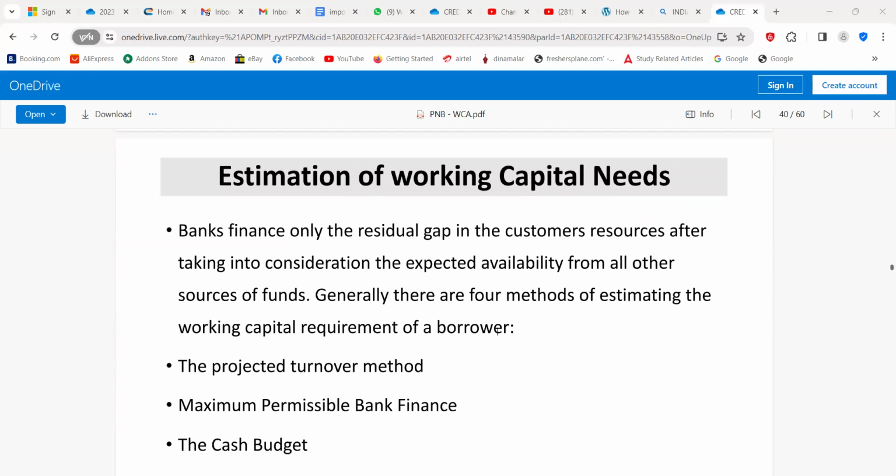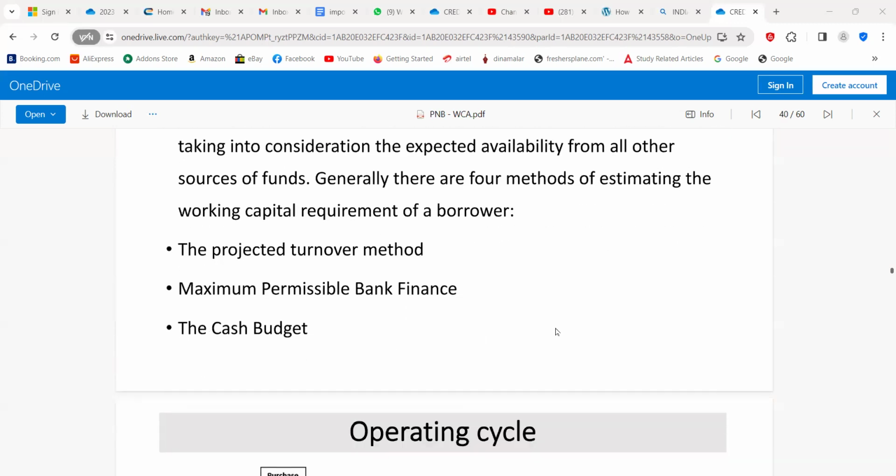Estimation of working capital needs. Bank finances only the residual gap in the customer resources after taking into consideration the expected availability from all other sources of funds. Generally, there are four methods of estimating the working capital requirements of a borrower. The first is the projected turnover method, maximum permissible bank finance, and the cash budget.